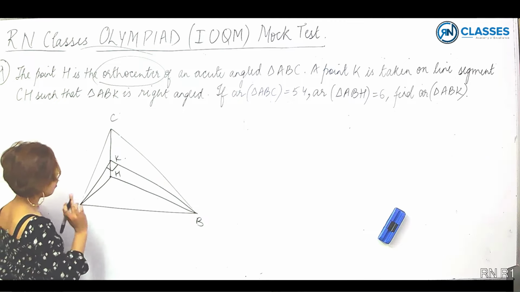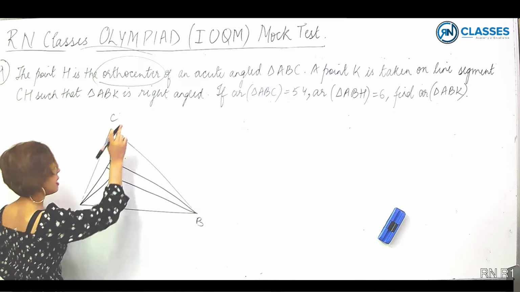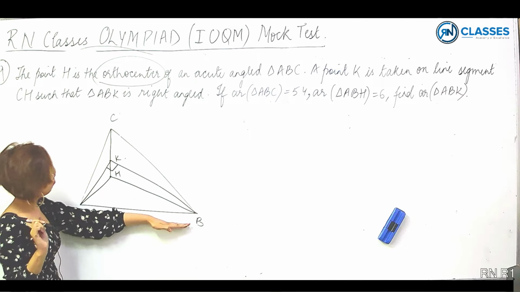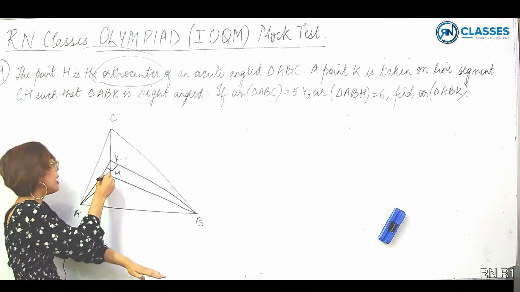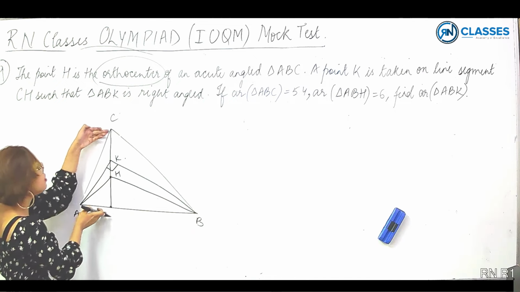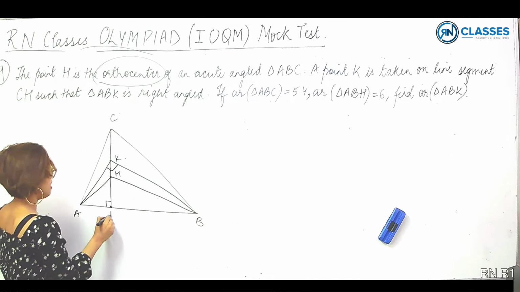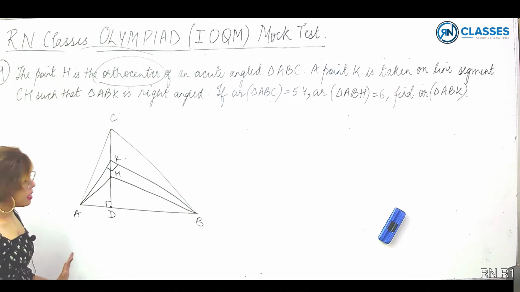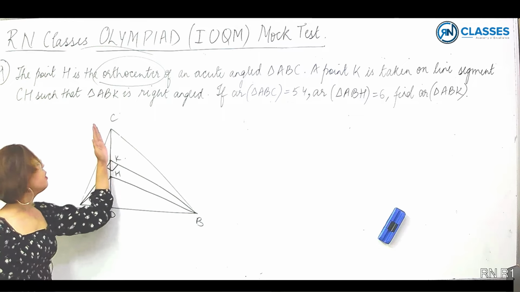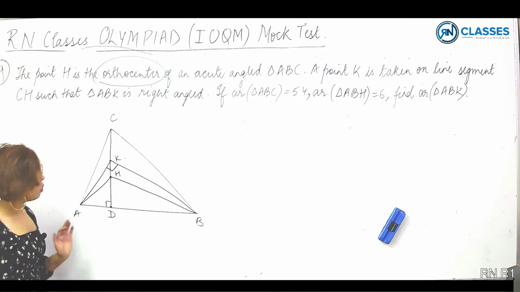Wait a second. If I need to write the area of triangle ABC, if this is the base, I need to have an altitude. Now, H is the orthocenter. If I am joining H with C and extending it, definitely this will be the altitude. Let me name it as D. Right? So that means I am given half into AB into CD, which is 54. Cool?